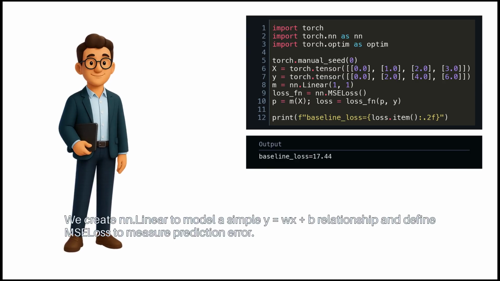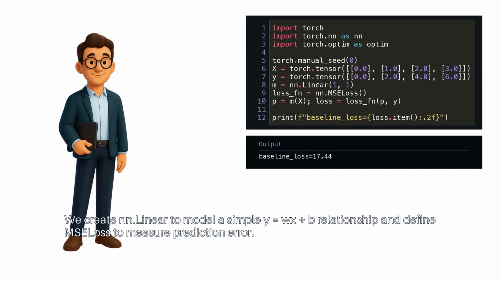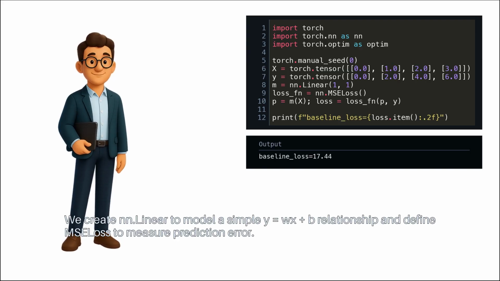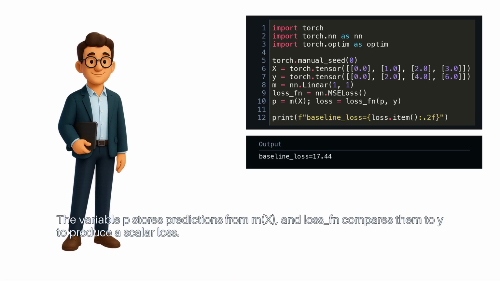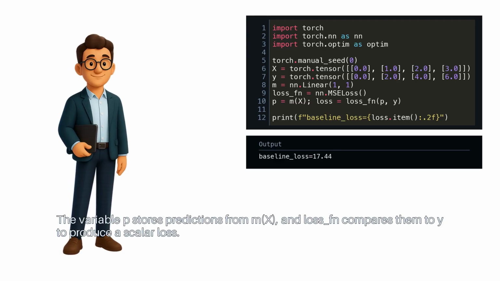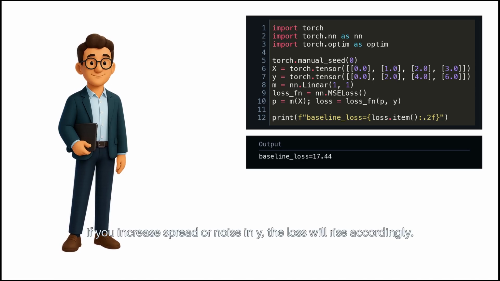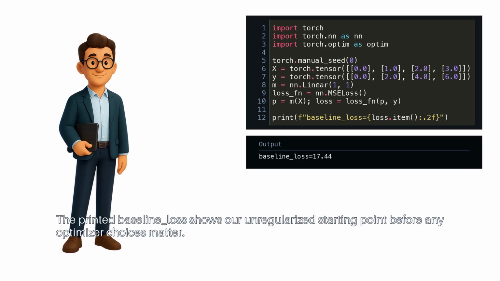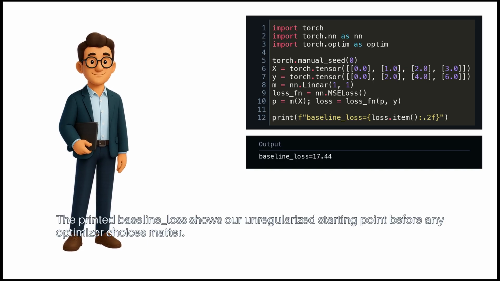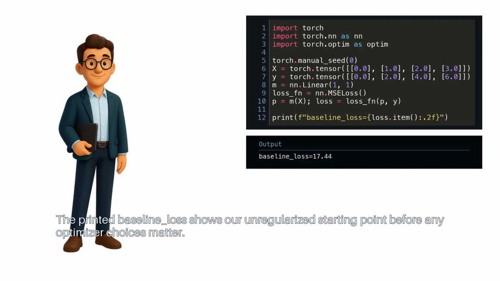We create nn.Linear to model a simple y equals wx plus b relationship, and define MSE loss to measure prediction error. The variable p stores predictions from m of x, and loss_fn compares them to y to produce a scalar loss. If you increase spread or noise in y, the loss will rise accordingly. The printed baseline loss shows our unregularized starting point before any optimizer choices matter.